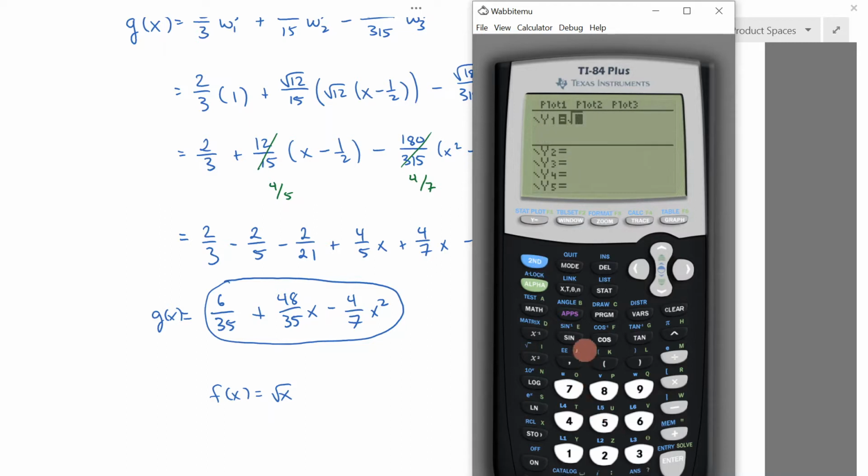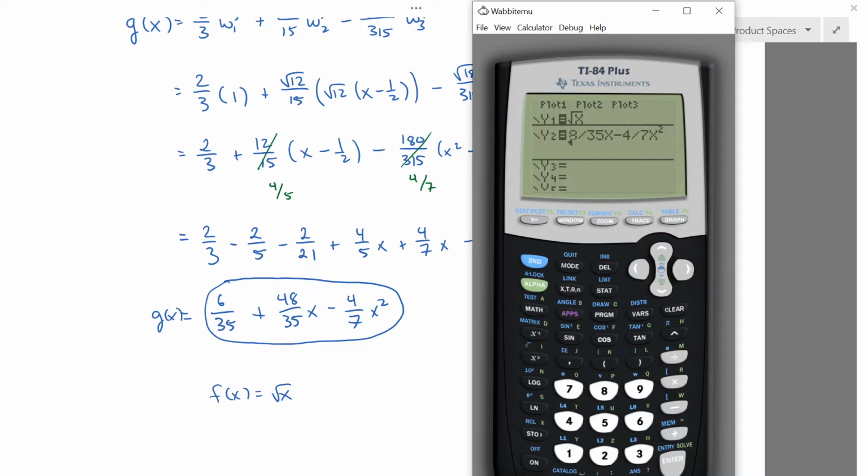So first the square root of x, and then g of x is 6 over 35 plus 48 over 35 x minus 4 over 7 x squared.